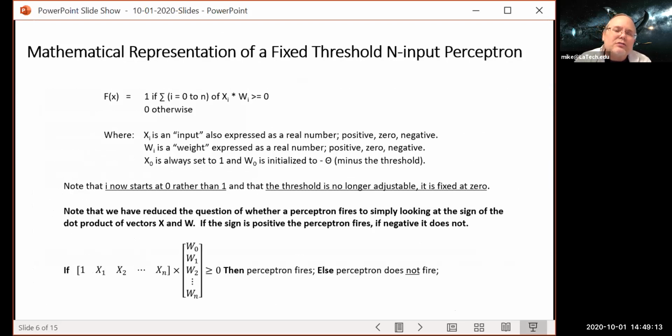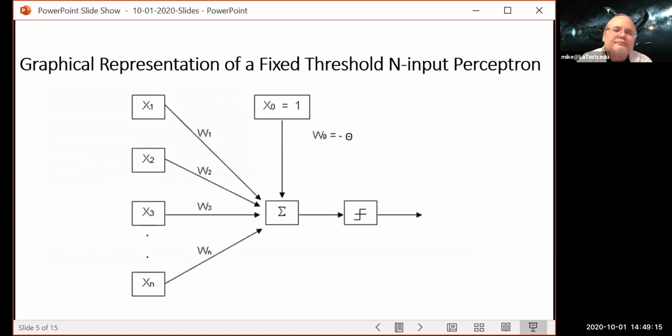So, in other words, this one only has x1 and x2. There aren't any other inputs. So you got 1 input and 1 weight, 1 other input and 1 other weight, and you also have a 3rd input that's always set to 1, and its weight is minus the threshold. But this is a pseudo input, right? But the real inputs, there are 2 inputs, x1 and x2, with a weight 1 and a weight 2 associated with it.